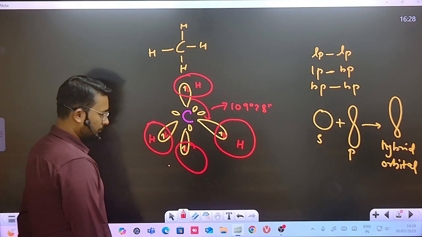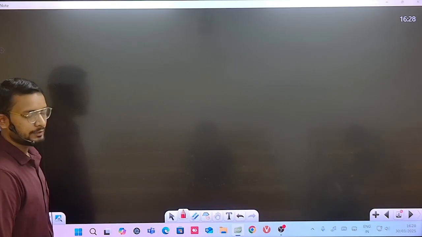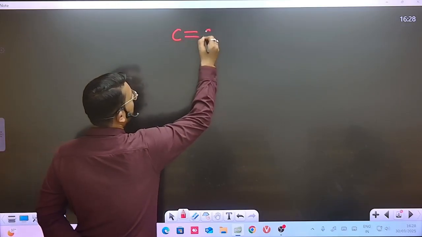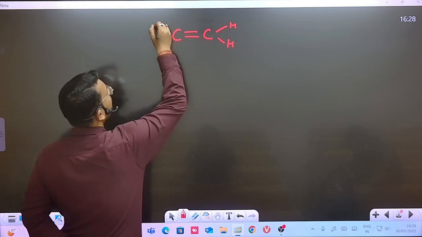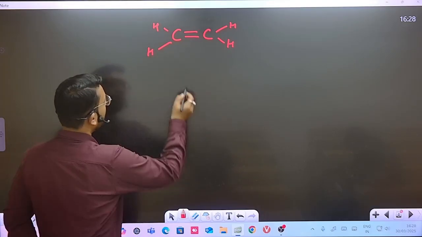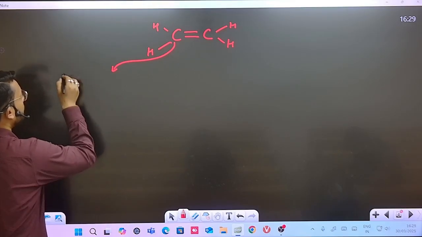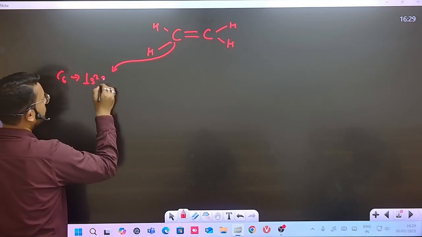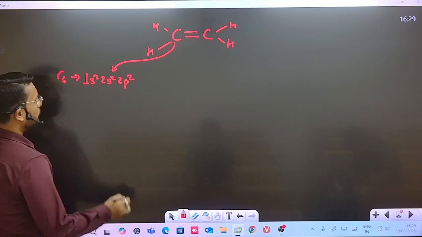Next, we are moving on to sp2 hybridization, which is carbon-carbon double bond. Same way, this carbon has 6 electrons, which is 1s2, 2s2 and 2p2.